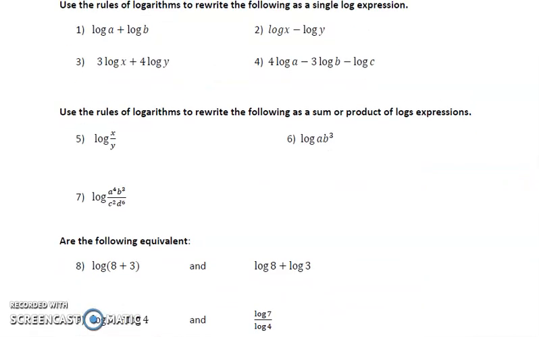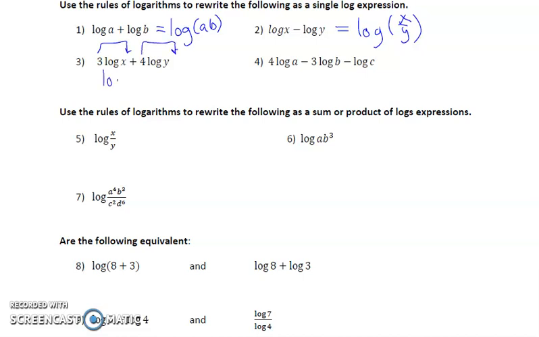So the first one is rule 1. We have an addition problem, so I can combine this as A times B. In problem 2, this is rule number 2 at the top, so I can combine the 2 logs as a fraction of x over y. In problem 3, it's actually a combination of both the first rule and the third rule. So this 3 is actually an exponent, and that 4 is actually also an exponent.